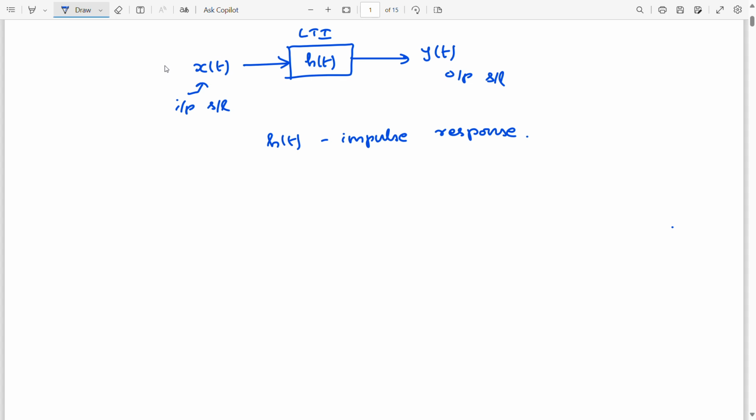And these three functions are related to each other with the help of the mathematical relation y of t equals x of t convolution with h of t.